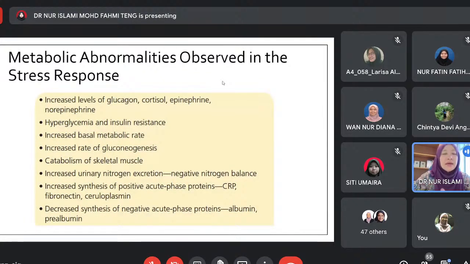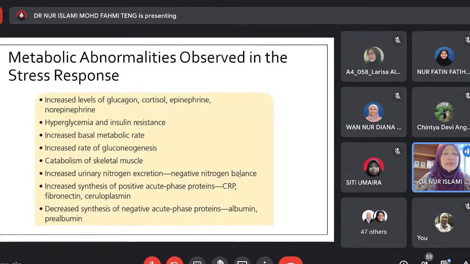Okay, increased basal metabolic rate, increased rate of gluconeogenesis, catabolism of skeletal muscle, increased urinary nitrogen excretion, increased synthesis of positive acute phase proteins such as CRP, fibronectin, and ceruloplasmin, and decreased synthesis of negative acute phase protein such as albumin and also pre-albumin. So you know this is what happened during the body, metabolic abnormalities, that always observed following the stress response.